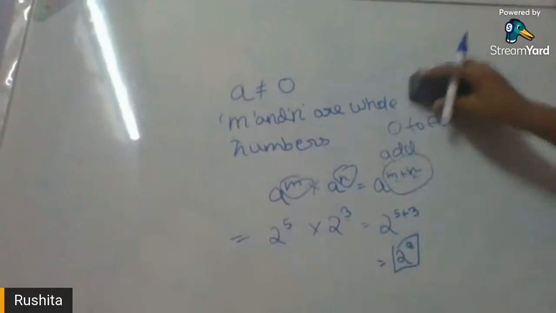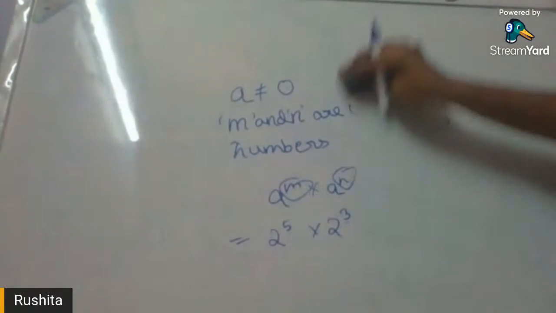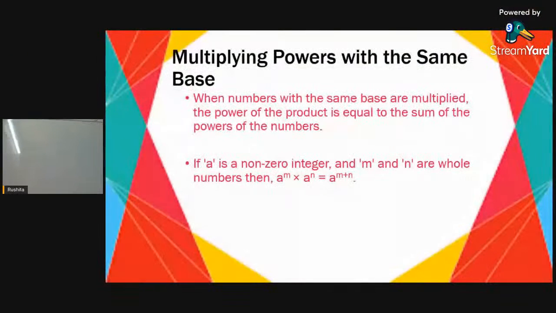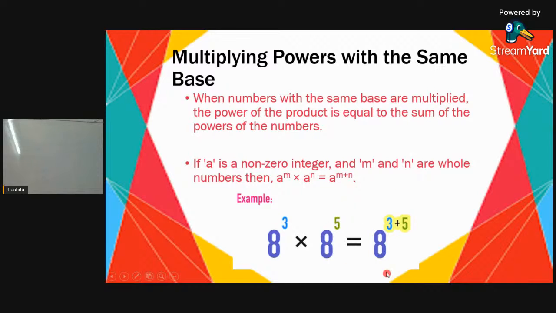So now let's go to the example that's given on the screen. First, I'll show the example on the screen and then we will go. Now you can see on the screen the example that's given over here is 8 to the power of 3 into 8 to the power of 5.